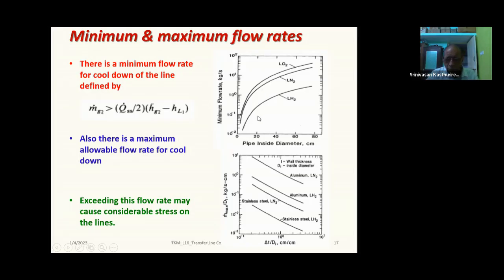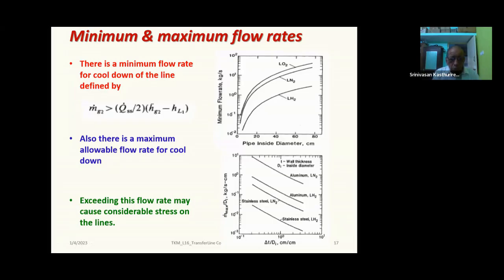You can see it for liquid nitrogen, liquid oxygen, and liquid hydrogen. For these diameters, you require this much minimum flow. For example, for a 20 centimeter pipe with liquid nitrogen, it has to be at least something like 1.5 kg per second. If it is smaller than that, the pipe will not get cooled down.